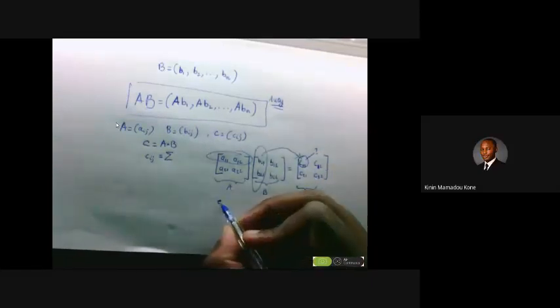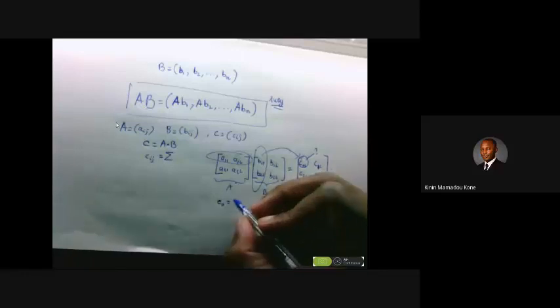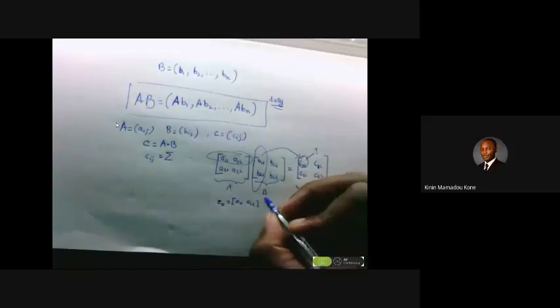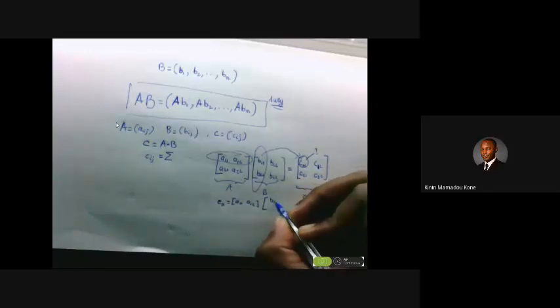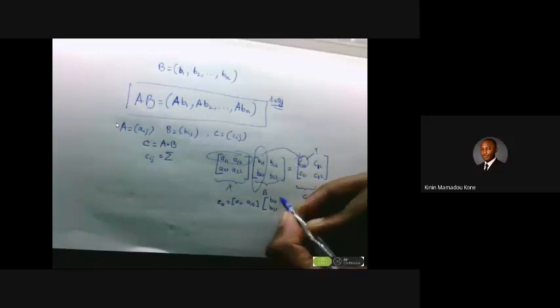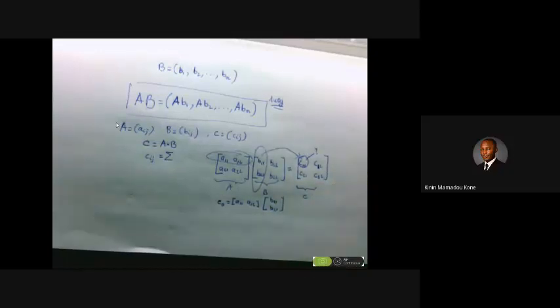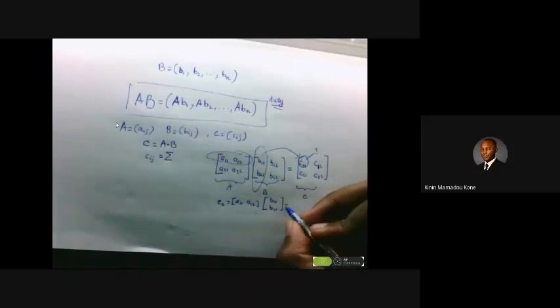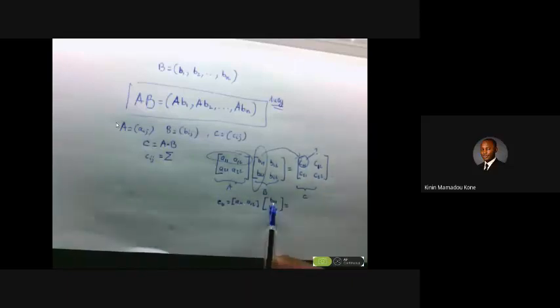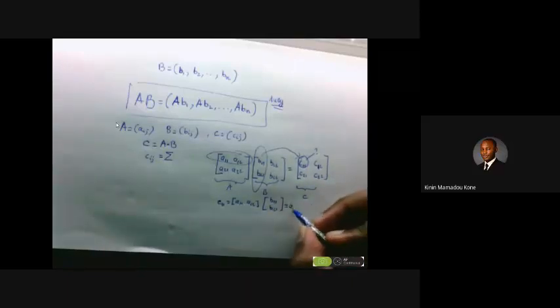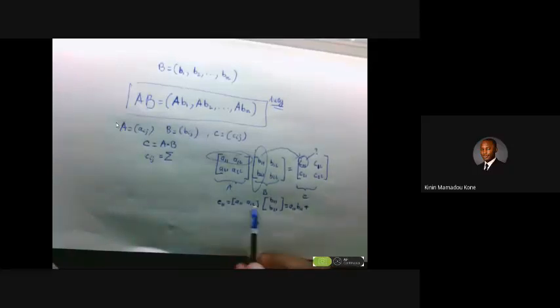So C11 will be equal to the following: A11, A12, B11, B21, like this. So it's like a scalar product, this times that plus this times this.